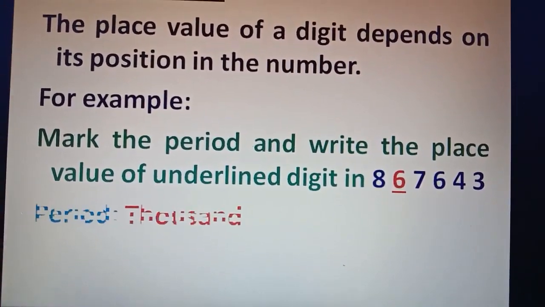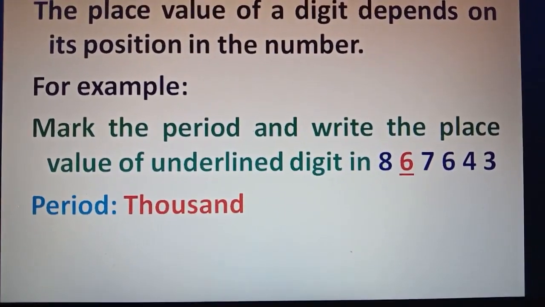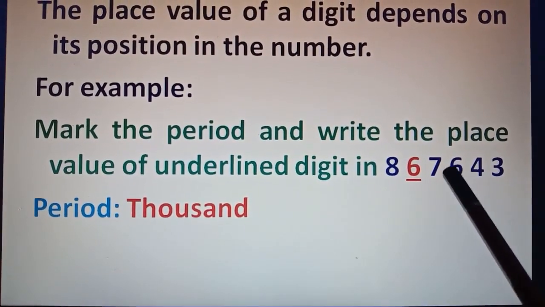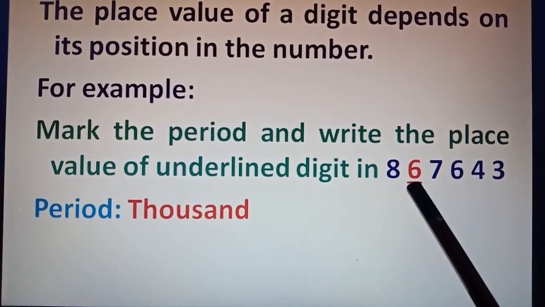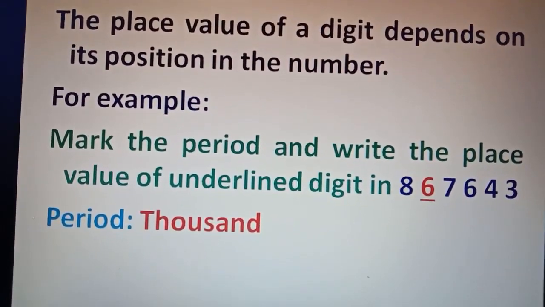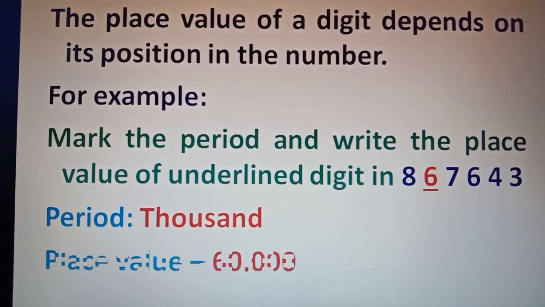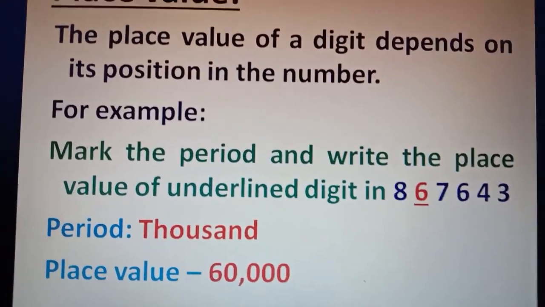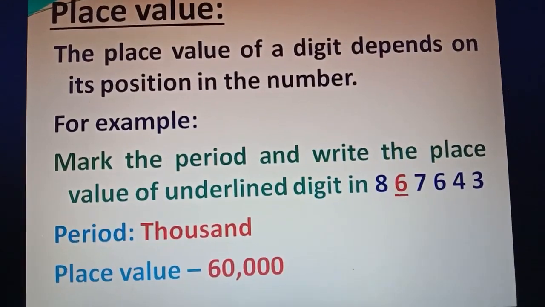So what will it be? First, what will be the period? Period will be ones, tens, hundreds, thousands, ten thousands. So thousands and ten thousands, the period is thousands. So the period will be thousands and its place value will be 60,000. So this is the place value.